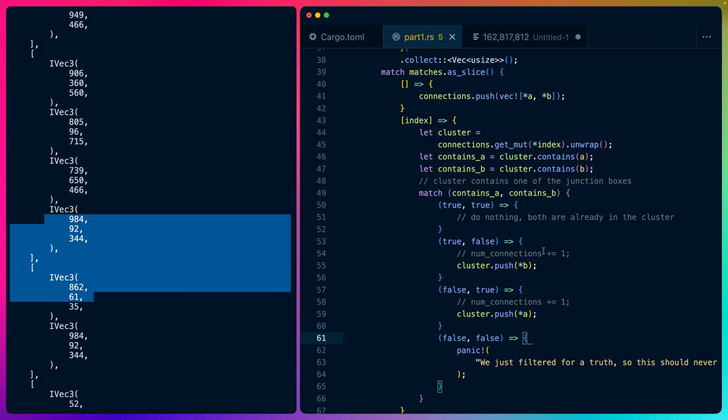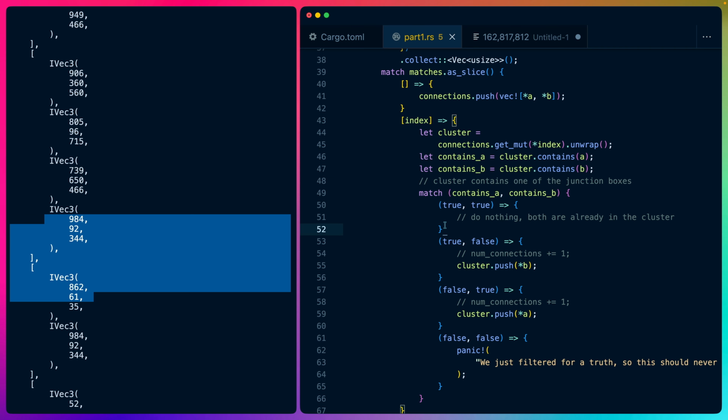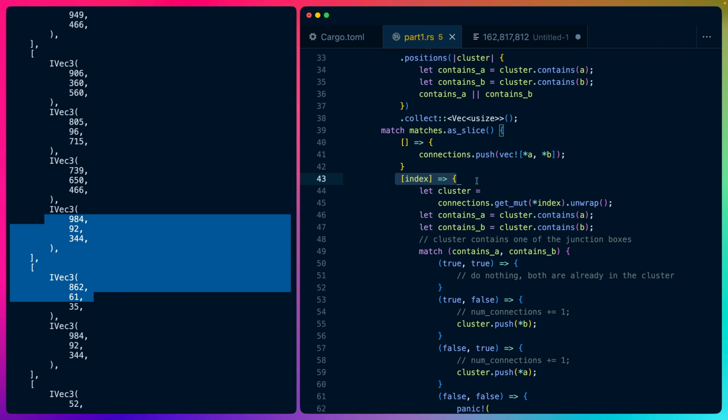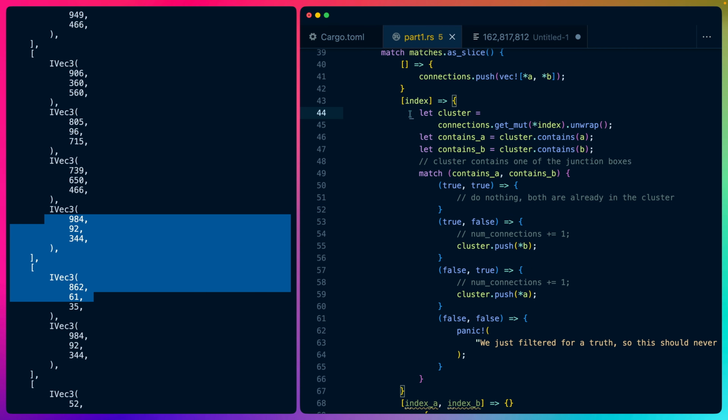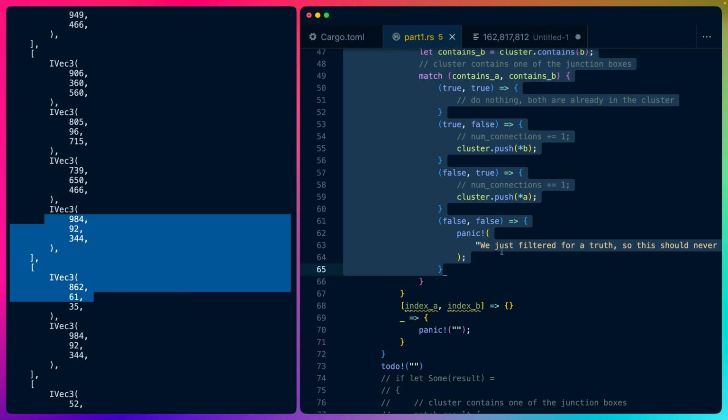If one, then push B. If the other, we could do this in two ifs instead, which might be better, except for the fact that we have to do nothing if they're both true. So if there is no match, then we push. If there's one match, we figure out which one is involved, and then we push. If they're both involved, then we do nothing.